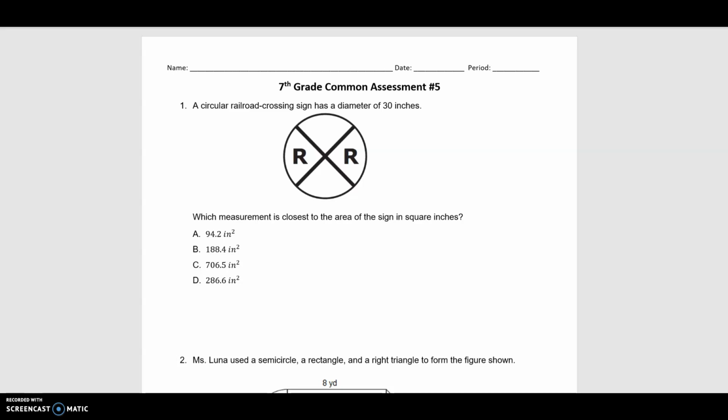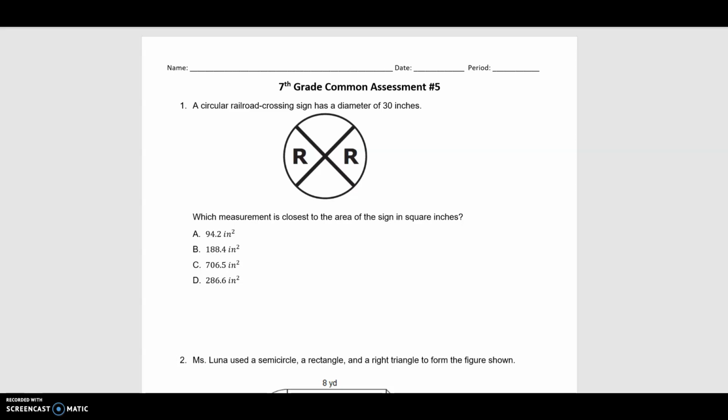Hey everybody, so today we're doing our test corrections for the common assessment that we took yesterday. My expectations for test corrections are that even if you got it right with a lucky guess, we are going to correctly write the process that should have been done to get the answer correct mathematically.